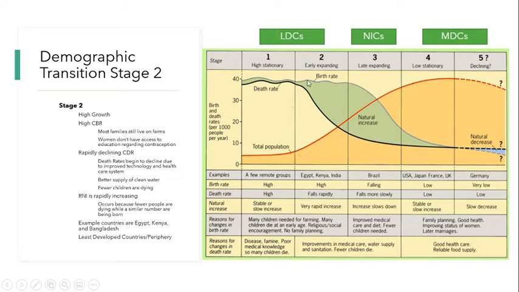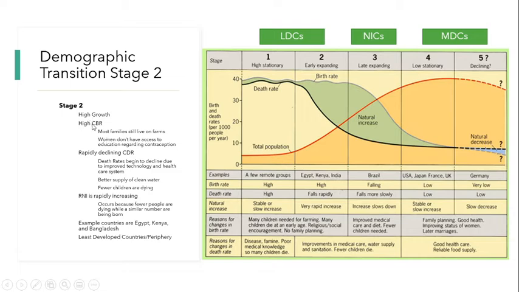Birth rate stays high. Medical care improves, so that, as you see, makes the death rate dramatically drop. Notice that the death rate was really high, almost even with crude birth rate in stage 1. Here in stage 2, the crude death rate drops a ton.